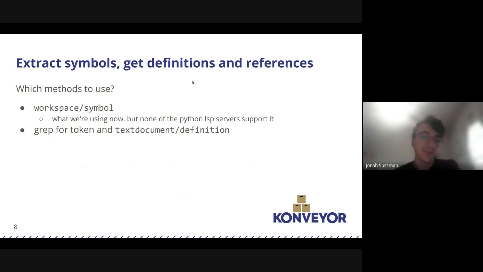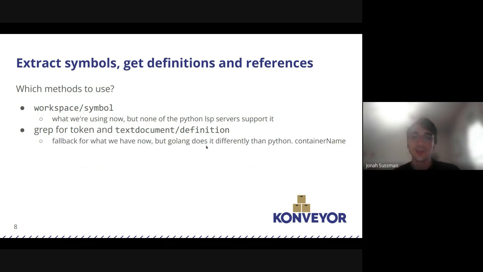There's also a fallback method where we grep for the token within all the files and then use text document definition to sort of go back to the definition and then feed forward to get every single reference. Golang, unfortunately, does this differently than Python. So in the spec, there are multiple different ways that you can return a location, and Python interprets the spec differently than Golang.